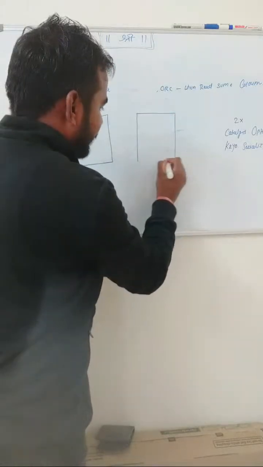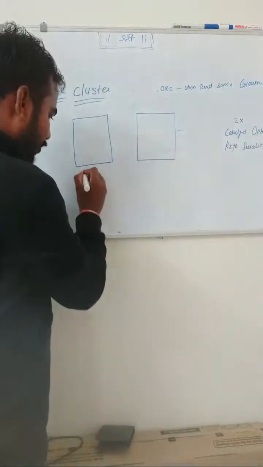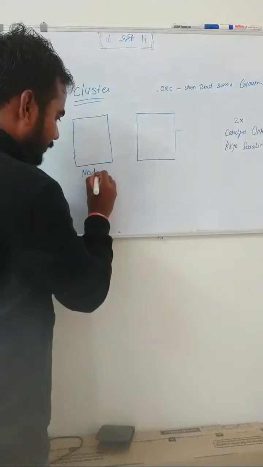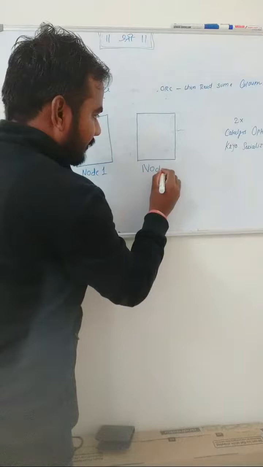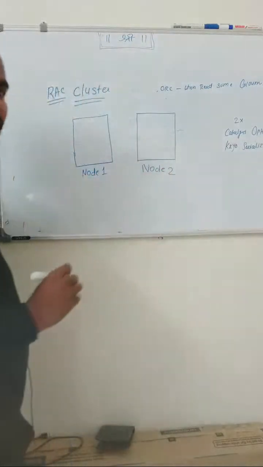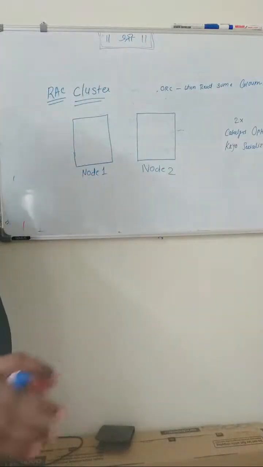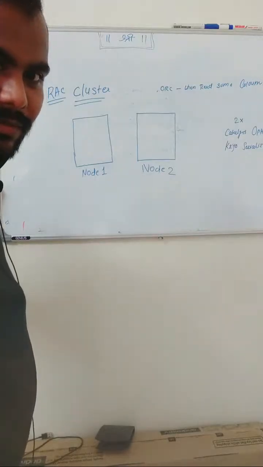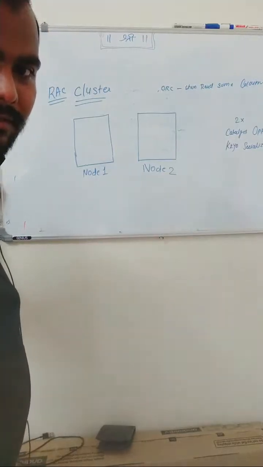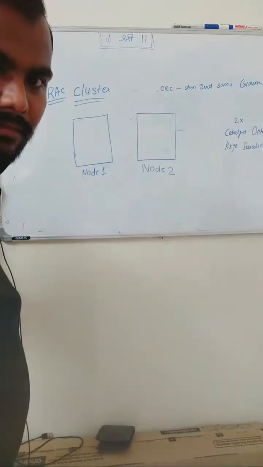We call it node 1 and this is node 2. Is it clear, guys? Can you see this diagram? Please let me know once more before I start.